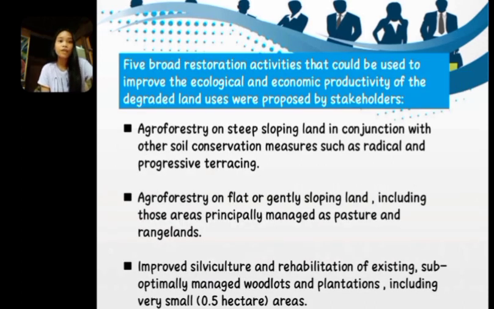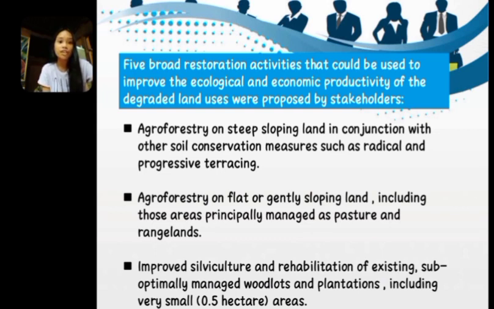So the 5 broad restoration activities that could be used to improve the ecological and economic productivity of the degraded land uses were proposed by stakeholders. So our restoration actions: the first is agroforestry on steep sloping land in conjunction with other soil conservation measures such as radical and progressive terracing.